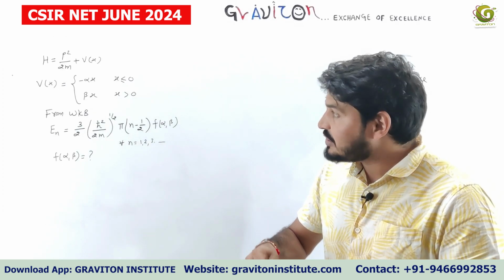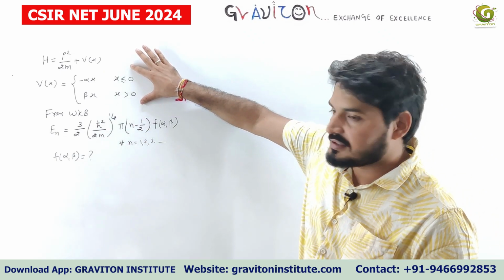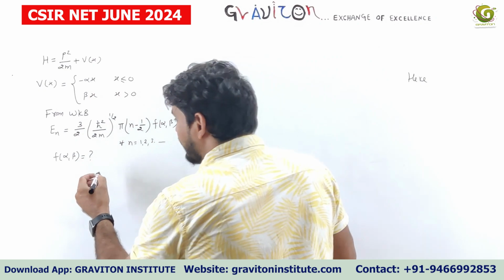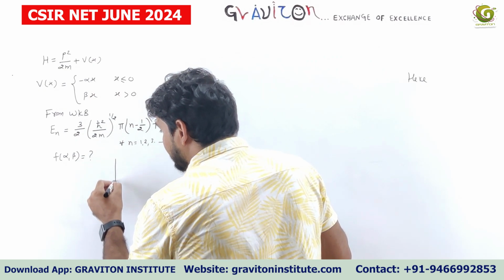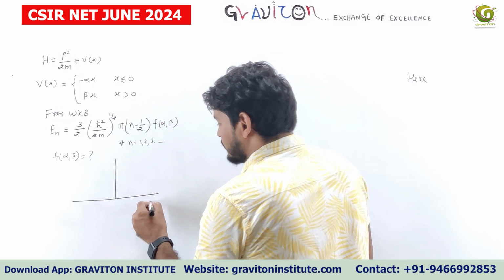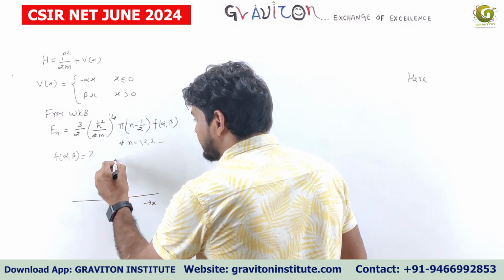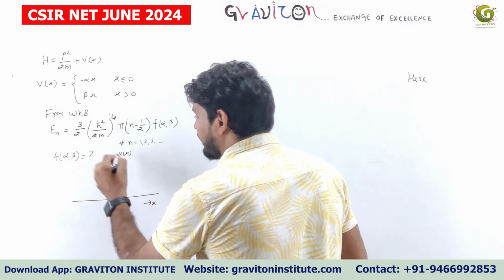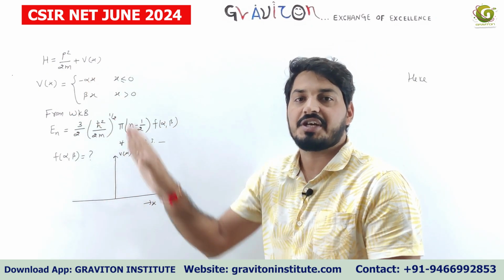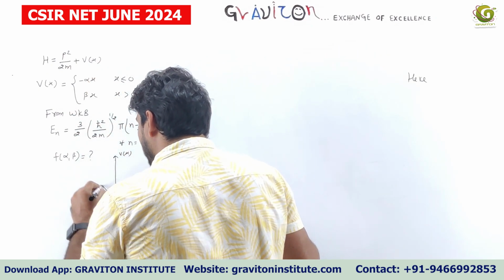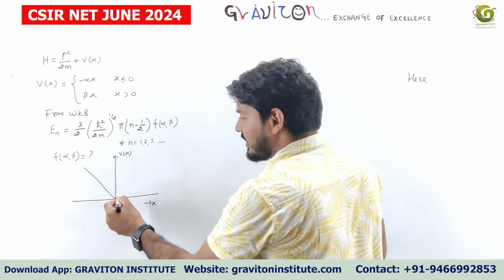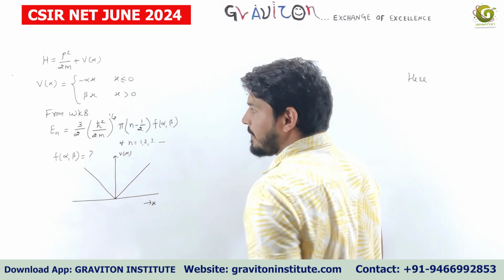In this question, the potential is defined like this. Can I plot this potential first? This potential is very simple, and we can easily plot it. This is x versus the potential V(x). For x less than 0 it is minus alpha x, a straight line. For x greater than 0 it is proportional to x, again a straight line.